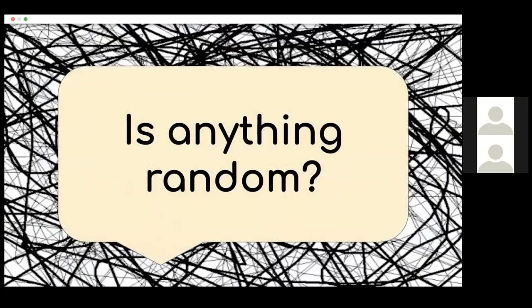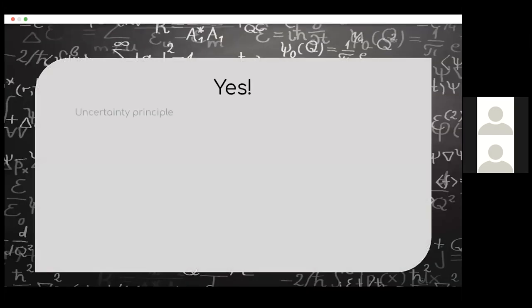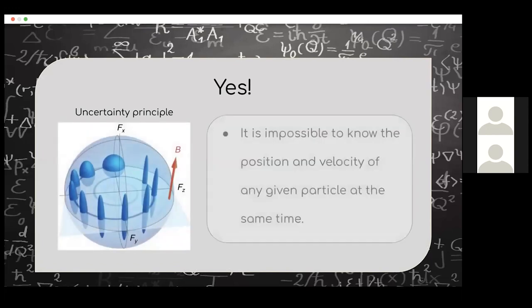And so this begs the question, is anything random? We say yes, but only on the quantum scale, so smaller than an atom. Mainly the uncertainty principle, which states that it is impossible to know the position and velocity of any given particle at the same time. It's a little confusing, because if the building blocks of everything can be random, then how can everything else not be random?